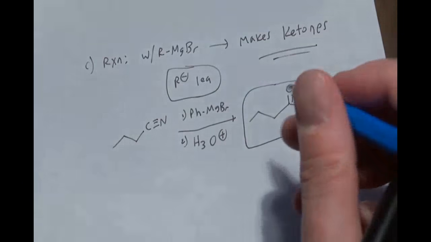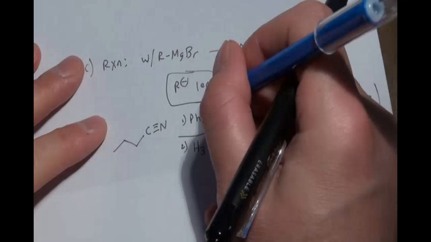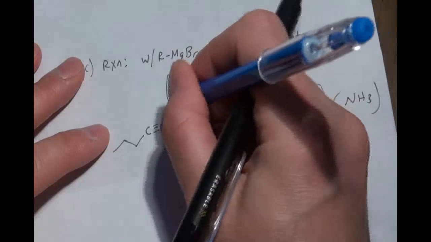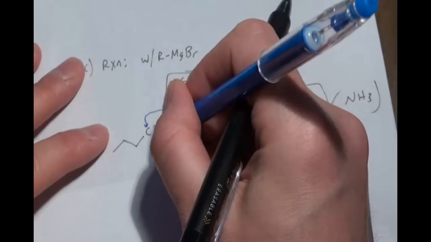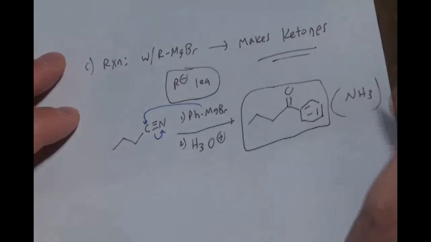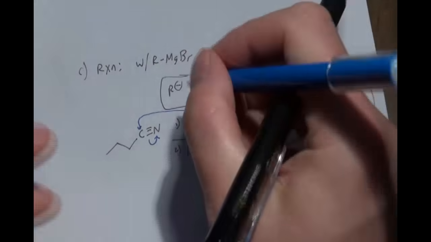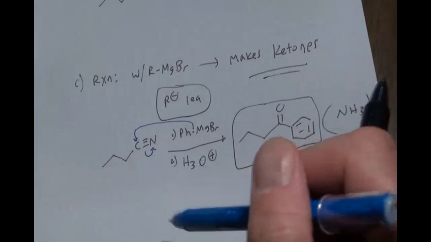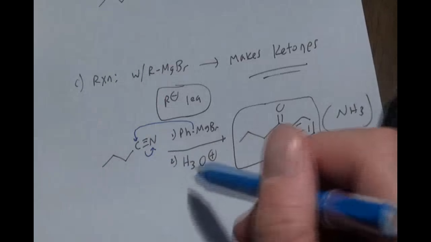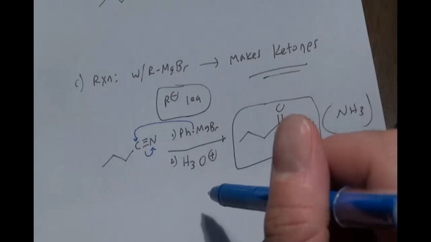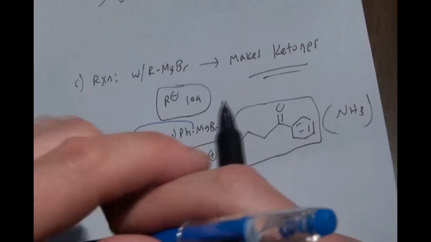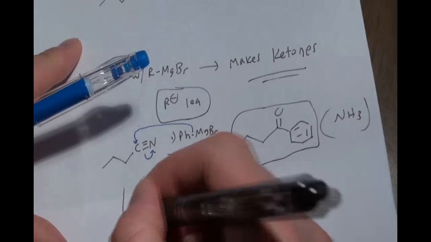Well, the mechanism is really easy. So all we do is have the phenyl Grignard attack and push electrons onto the nitrile, just like any other Grignard reaction, which usually attacks a ketone, aldehyde, ester, etc. The Grignard attacks the carbon, kicks electrons onto nitrogen. And what does that give you?